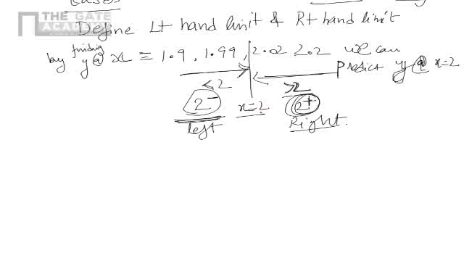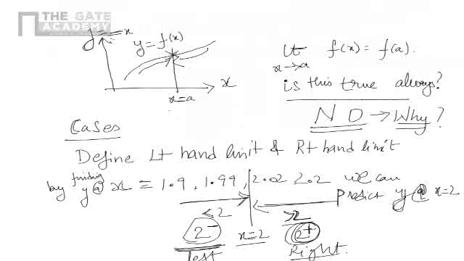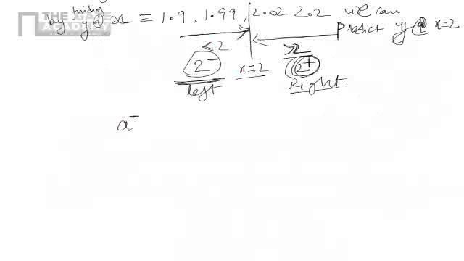If I replace it with a general number a, that means it is a minus and a plus. So when I approach a in this direction, this is called left, and this side it's right.